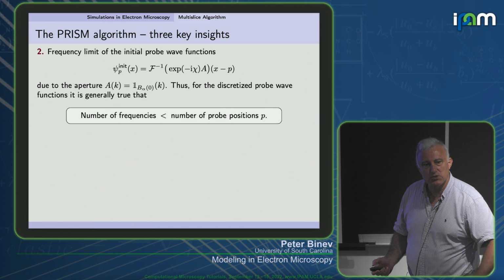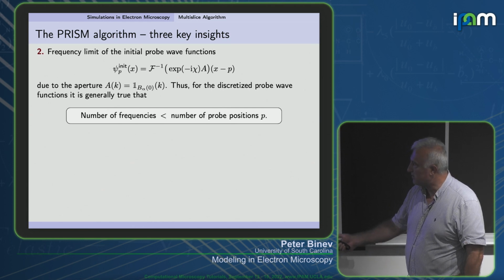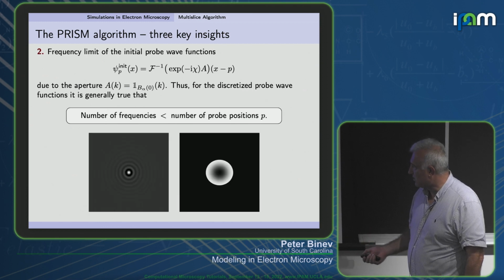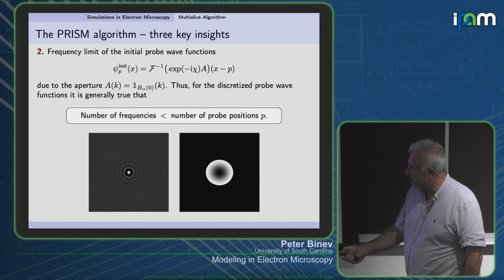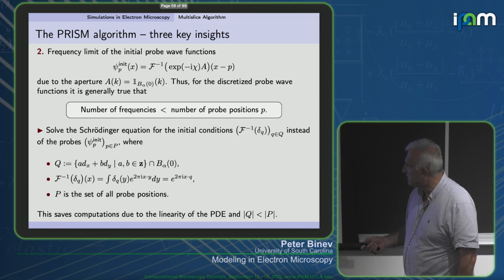So for each probe position, we have to calculate what is happening, and the number of frequencies is much smaller, and because of that, we can actually get away. And that is usually how the probe looks, that is in the real space, and that is in the Fourier space. You see how this is band limited, so everything is fine.